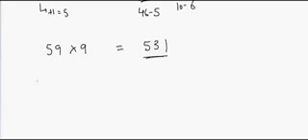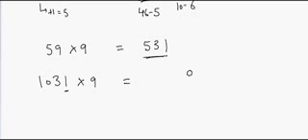Now this formula will also apply for very large numbers. Suppose I have 1031 and I want to multiply by 9. Let's see. First I'll take the 1. 10 minus 1 is 9. So the last digit would be 9.